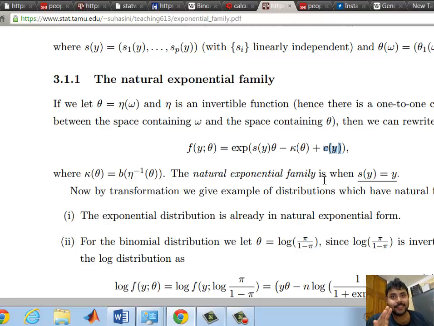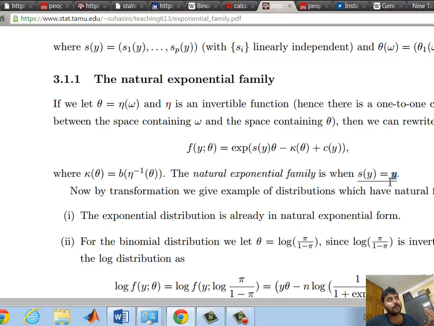This family, this class of function, is a subclass of the class of exponential families. So this subclass can also be called the natural exponential family, in which the y terms are only y. A, they are linear. B, they don't have any other term.